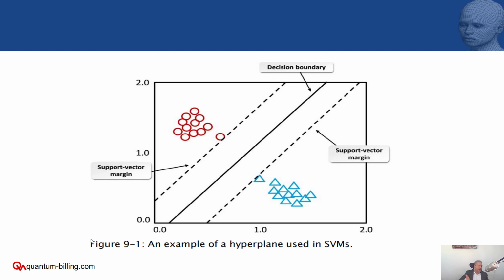That line which has dotted lines is called the support vector, and we can calculate the support vector using those two kinds of data.